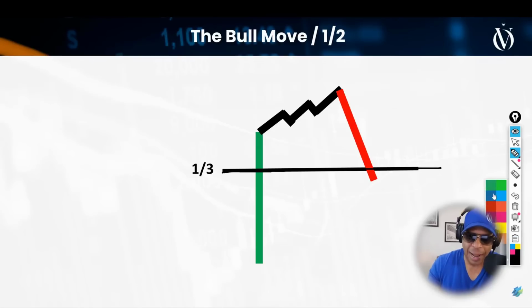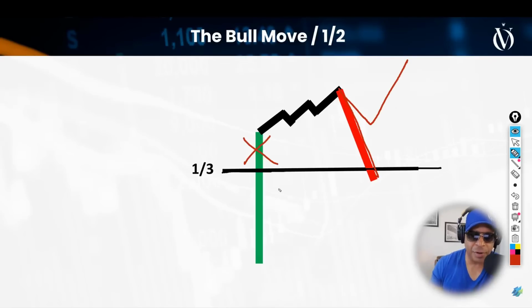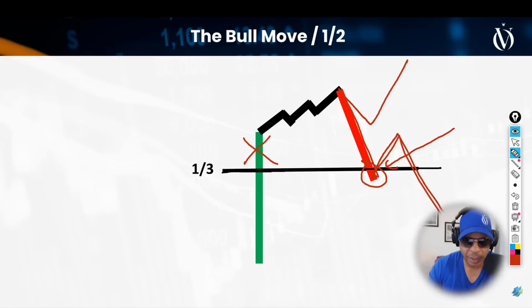So if this drops like this, that's still okay. But if the drop breaks back through the top third of the initial power move, it's over. Now rallies will likely fail. And you got to be careful about trying to buy the move back up here, because that's your likely scenario.